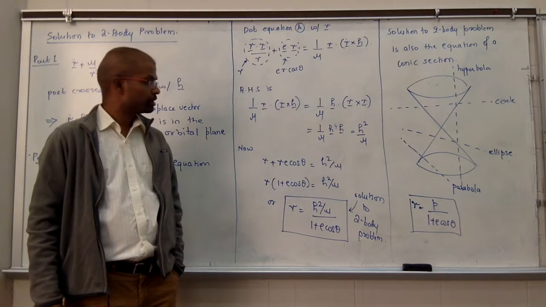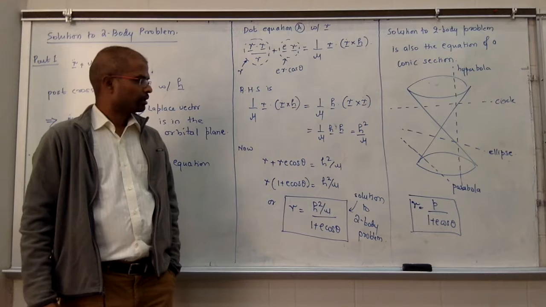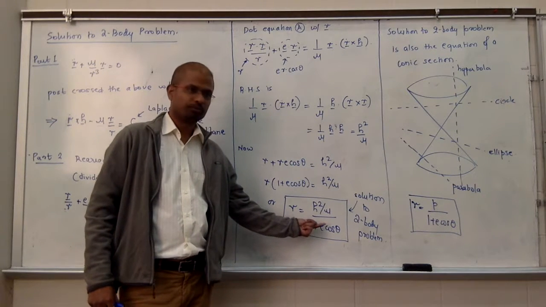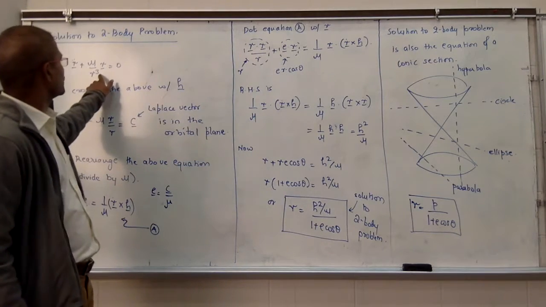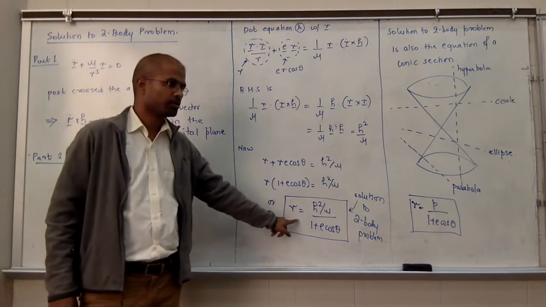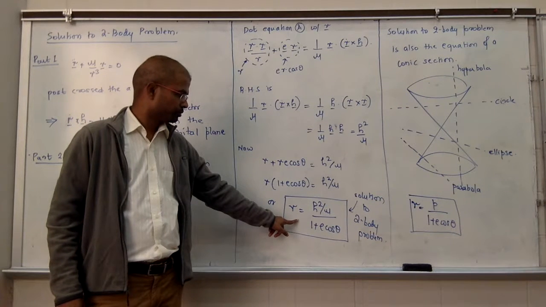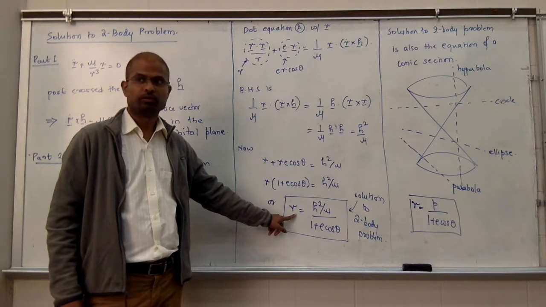Now what does this mean to you? Solution to the two-body problem. So the two-body problem is this, and the solution is this. You have found a solution for R, where R represents the trajectory.